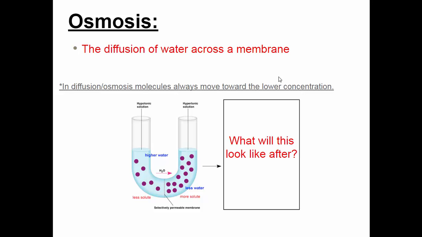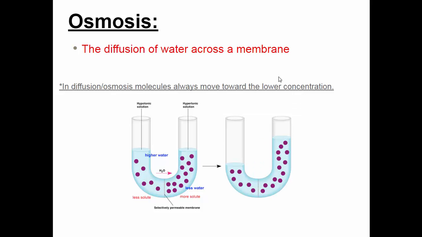Now what would these molecules like to do if they could? Spread out. But they're blocked, so they can't. What does the water want to do? Go from a higher concentration to a lower concentration. Can water get through this barrier? Yeah, I said in this case it can. So if you left this, this is what would happen.